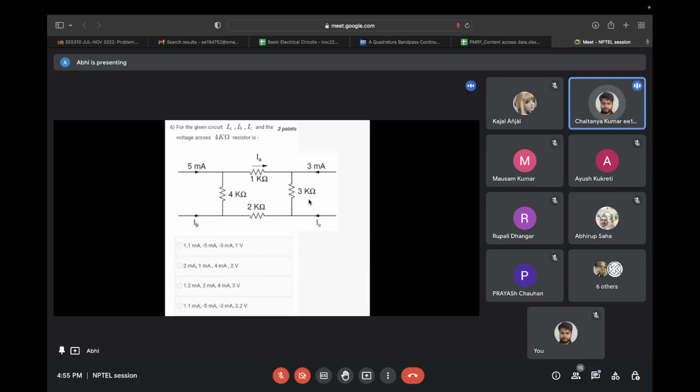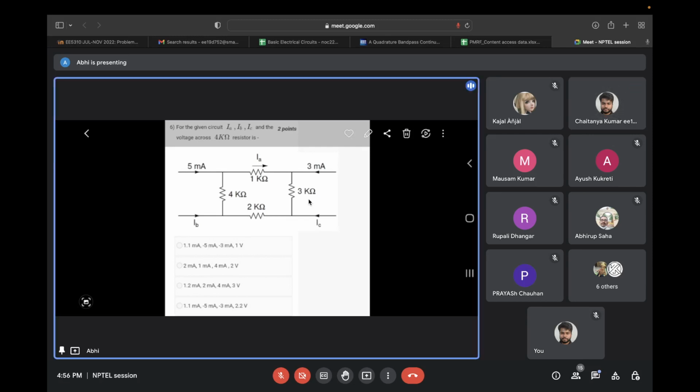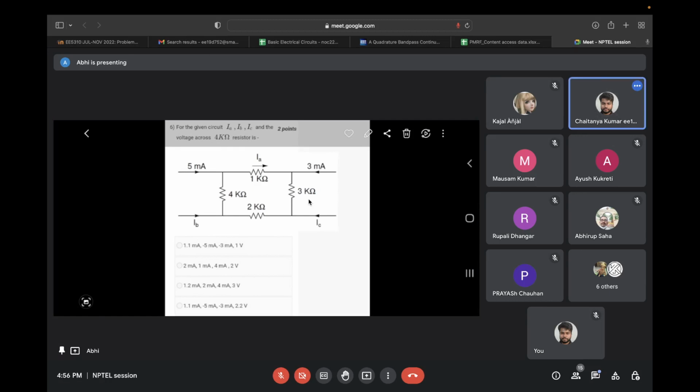I also saw this question. Actually, you need to have either IA or IB or IC known, or the voltage at one of the lower terminals. Then only you can solve this question. Yes, sir, I also saw this. One equation was missing. Yes, sir, you have four unknowns and only three equations.